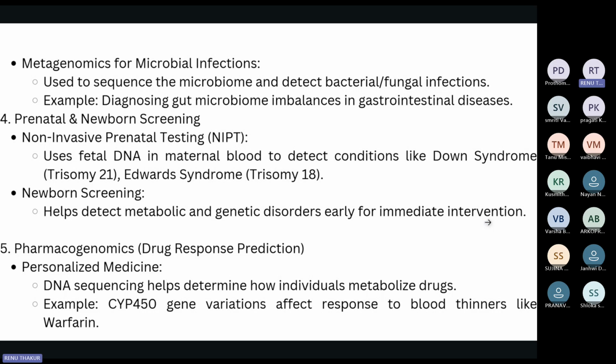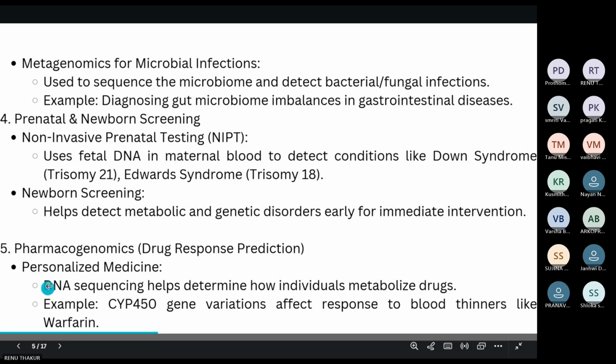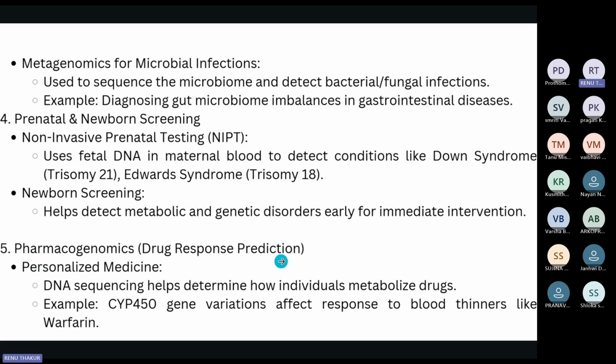The sooner you detect such diseases using the fetal DNA in the maternal blood, the sooner you can intervene and help treat those diseases. Next we have pharmacogenomics, which is drug response prediction.